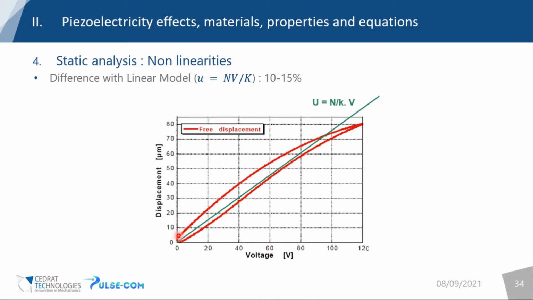You have indeed that kind of curve in red, which is called the hysteretic curve of the piezo materials. So you can have differences of up to 10 to 15% between the linear model, which is used for the modelizations, and the reality here.